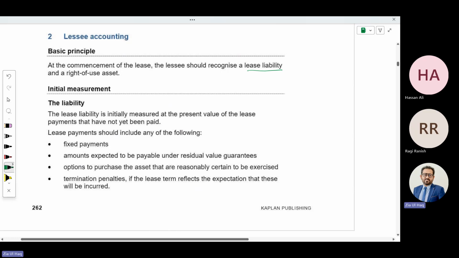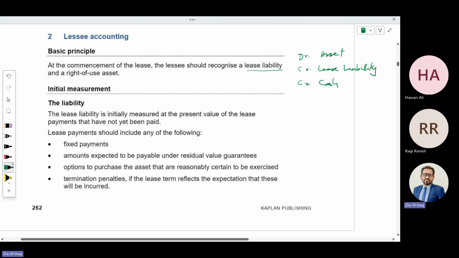What will be the accounting entry? Debit, asset, credit, lease liability, and credit cash. What does that mean? Payment in cash. If you have paid anything in advance, so cash going out.